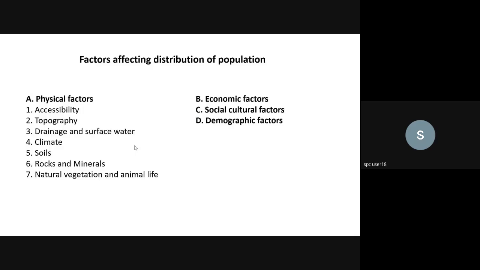The other day we were speaking about the factors affecting distribution of population, and I would like to move ahead from that. Basically, they are divided into various factors, but on a broad scale, we could say that you have physical and human factors.